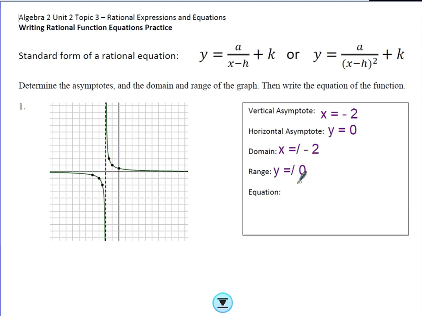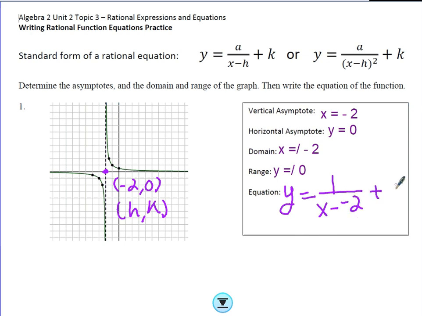When you're writing the equation, what you're looking for is the h, k point, the point where the two asymptotes meet. That point is (-2, 0). That's your h, k. So your equation would be y equals 1 over x minus h, plus k.